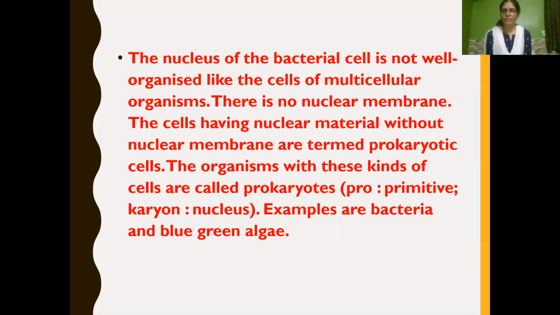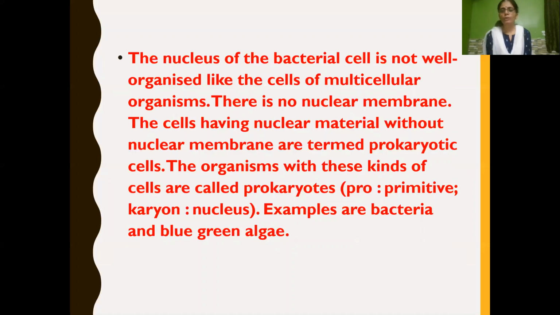That is, in a bacterial cell, there is no nuclear membrane. The nuclear envelope covering the nucleus is not there. The cell has nuclear material, inside which it has nucleolus, chromatin material, nucleoplasm, all that, but they do not have a nuclear membrane.